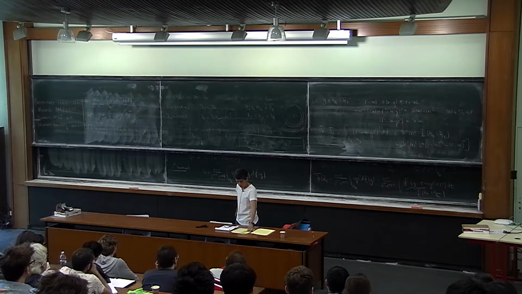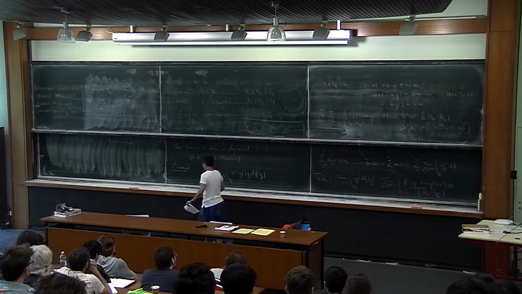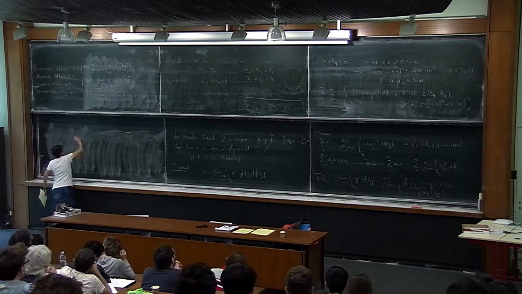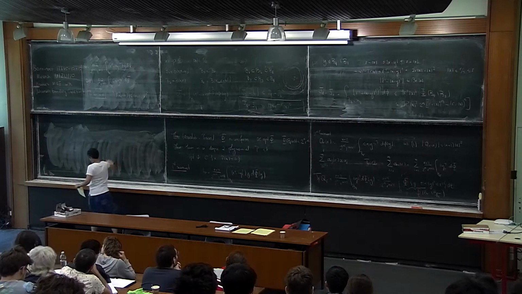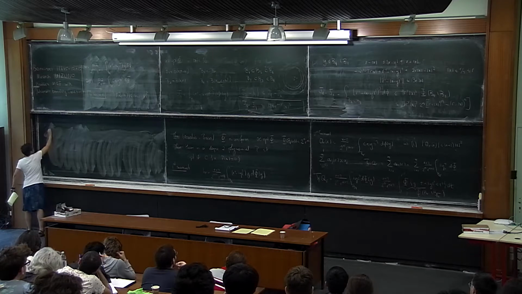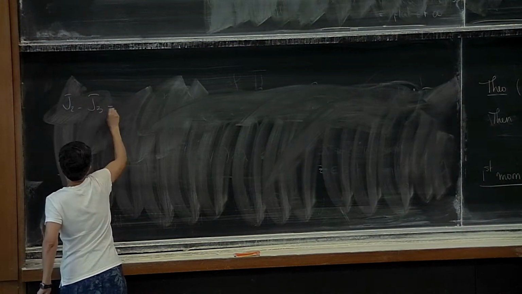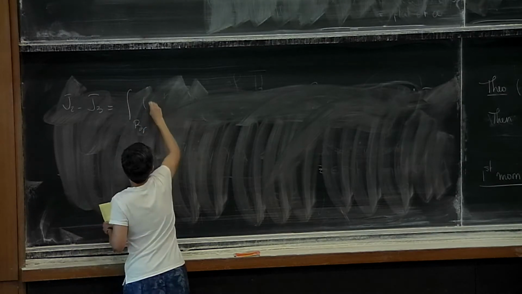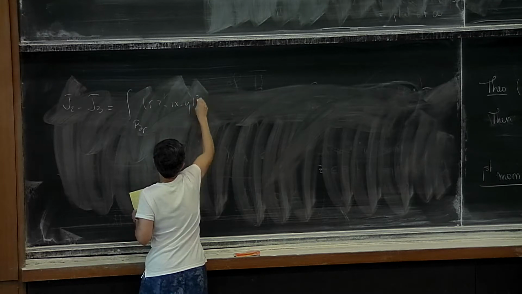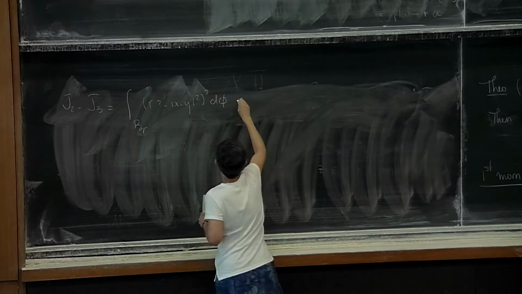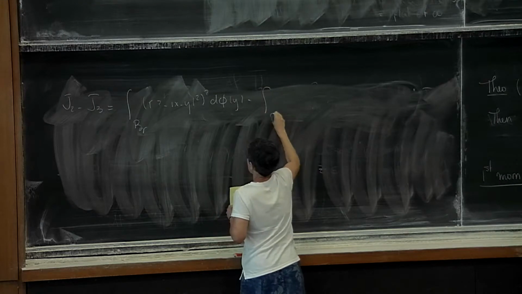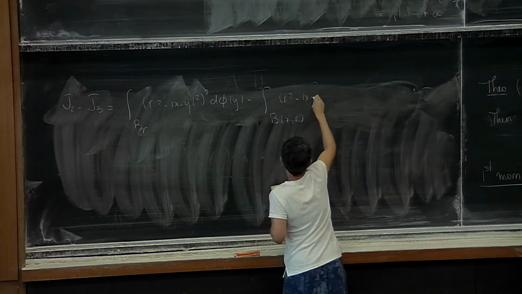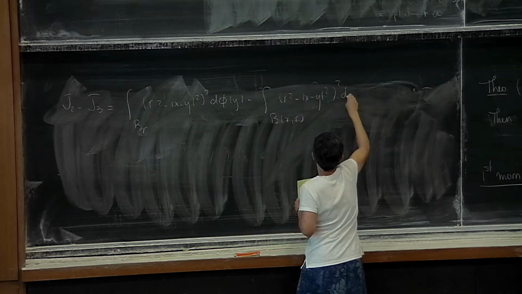Now we need to compute J2 minus J3. Okay, so J2 minus J3, we might think that is a little bit more complicated, but J2 was the integral over BR of r squared minus x minus y squared d phi y, minus the integral over the ball B of x and r of r squared minus x minus y squared d phi y.